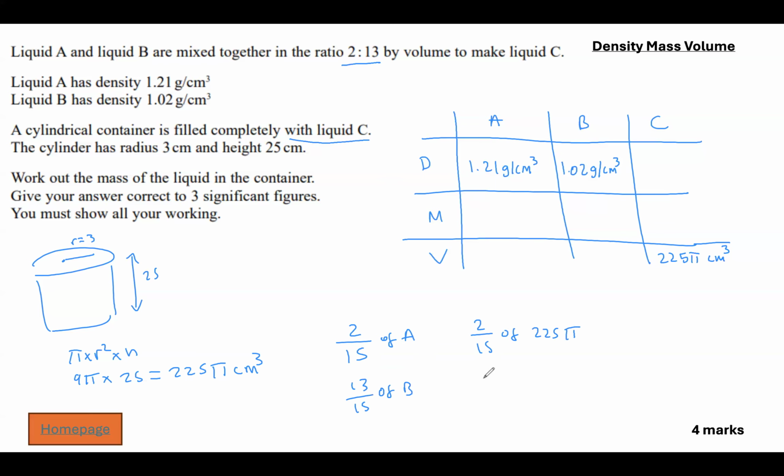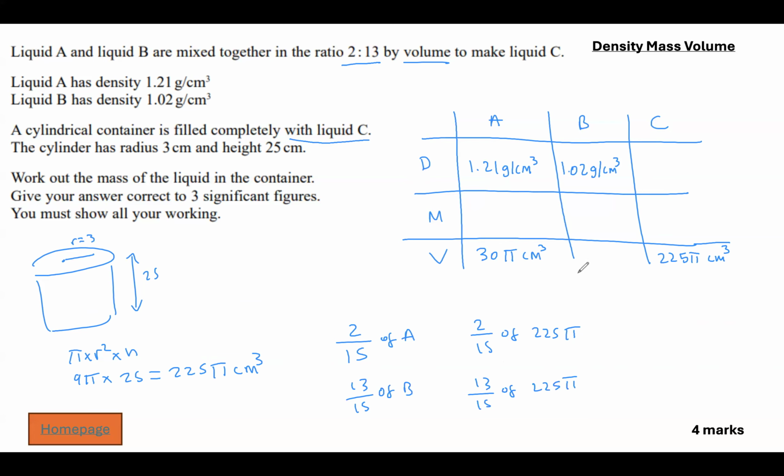And then we need to work out 13/15 of 225 pi, because that would give us the amount of B that was mixed to make C in terms of volume.